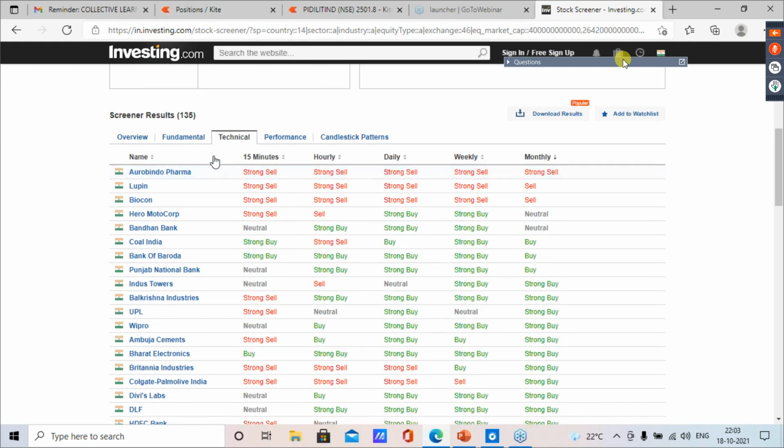Once you come to this screener, you select this technical aspect and you will get strong sell in red color. You need a strong sell in all time frames to find unidirectional trending stocks. Okay, the probability of Aurobindo Pharma falling further is very high tomorrow. Likewise, you can shortlist a strong buy in all time frames to trade exclusive intraday trading for tomorrow.